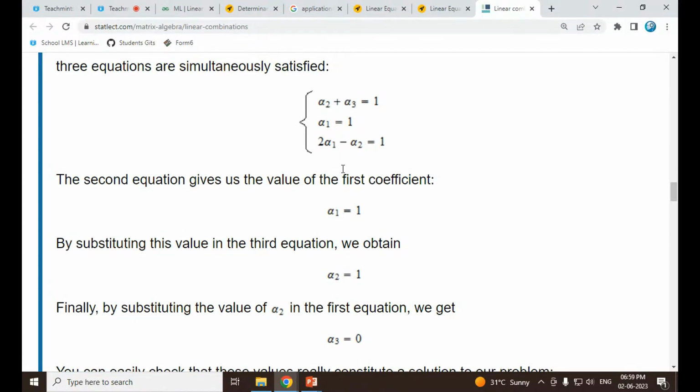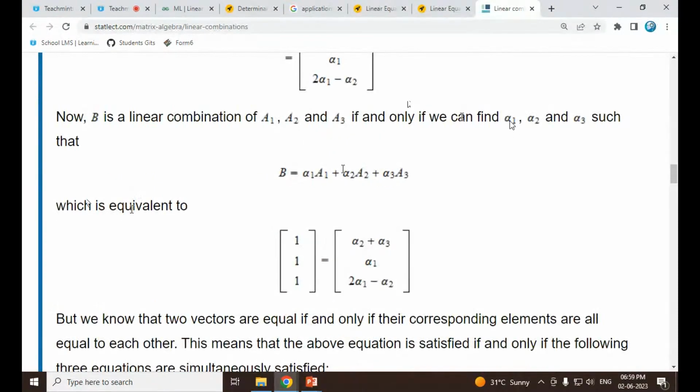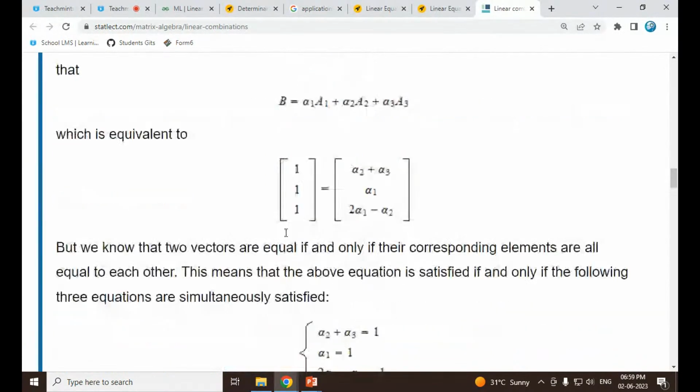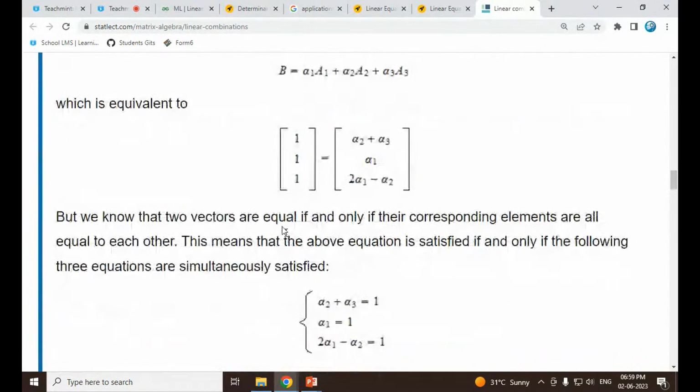I said here, if and only if we can find out these values, which is equivalent to this, ideally, we have considered, and that's why, of these considered values, two of them are true.